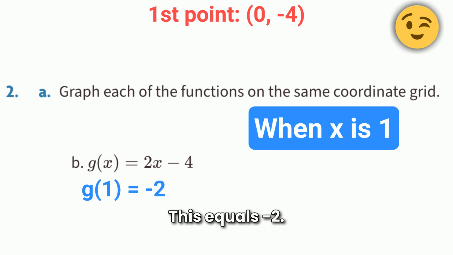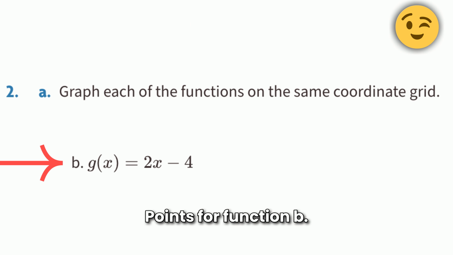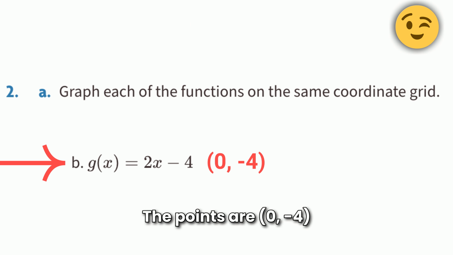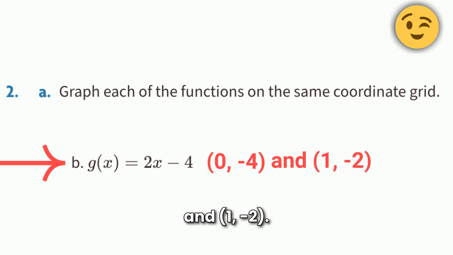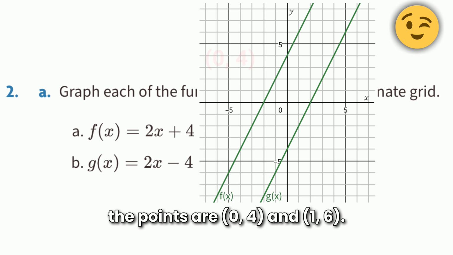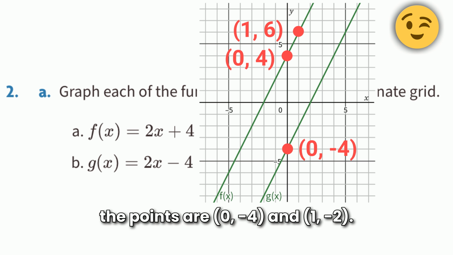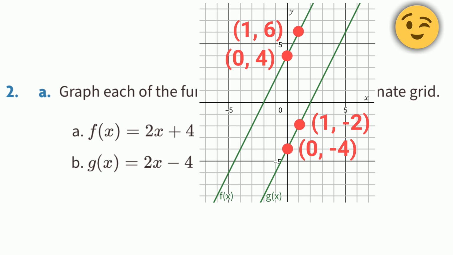This equals negative 2. So the second point is 1 and negative 2. Points for function b. The points are 0 and negative 4, and 1 and negative 2. Here's what we found. For function a, the points are 0 and 4, and 1 and 6. For function b, the points are 0 and negative 4, and 1 and negative 2.